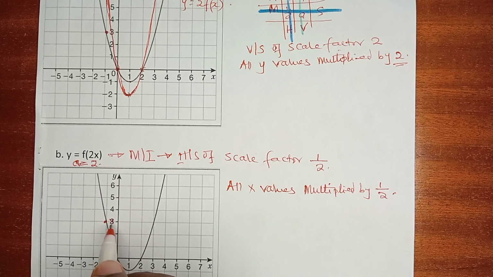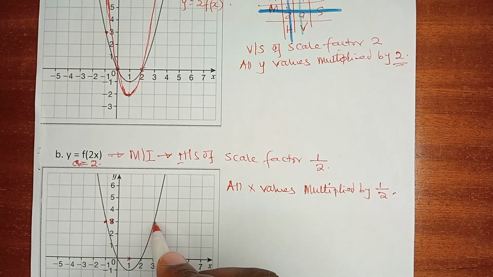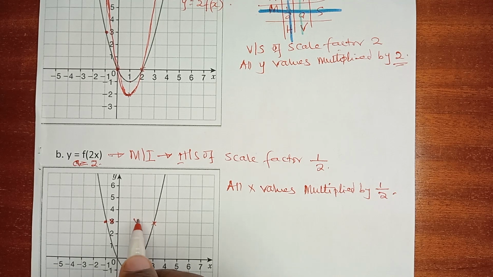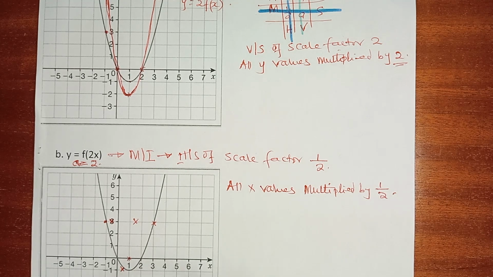Y values do not change. X here is 2. 2 times a half is 1. X here is 3 at this particular point. 3 times a half is 1.5. And now x here is 1. 1 times a half is a half.